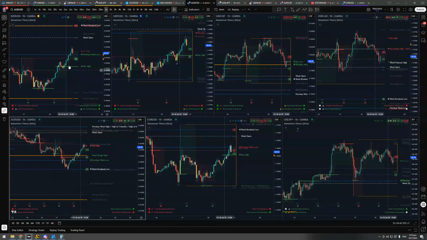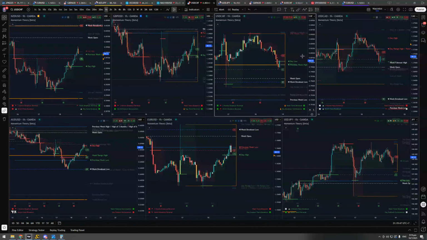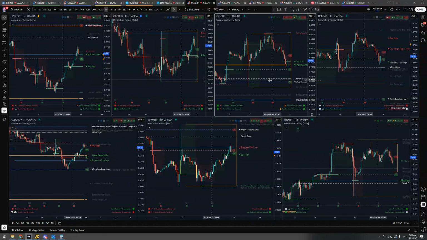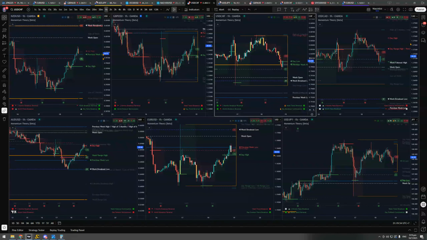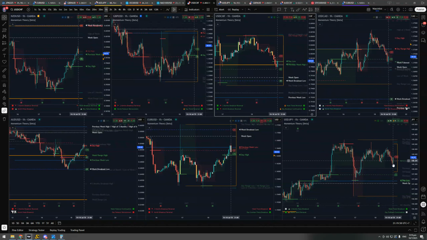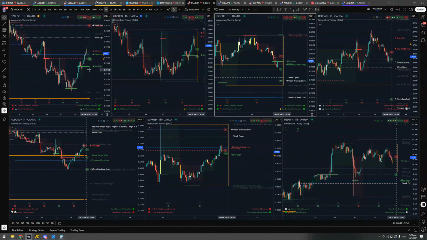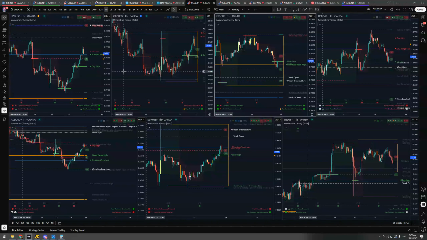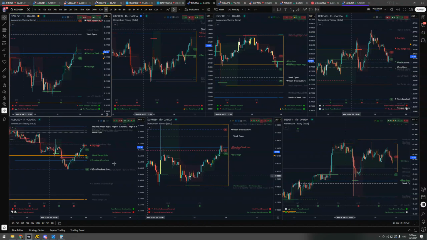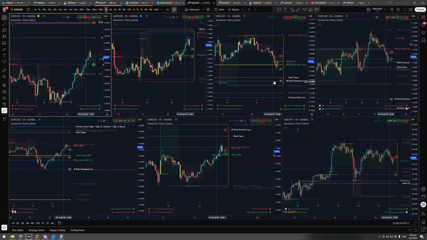I'm seeing all these moves as retracements. So a little bit tricky to trade. Inside bar, we're getting outside. Yeah, I still don't see anything. I'm seeing a strong push, but nothing tradable just yet.